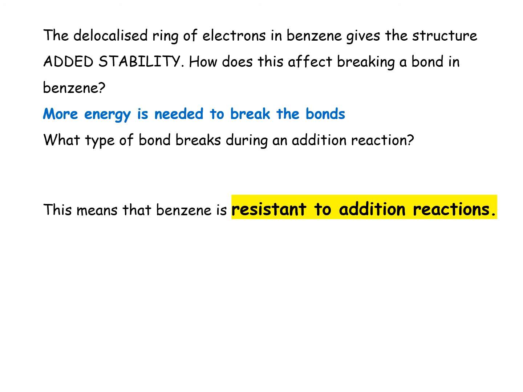Now, typically, carbon-to-carbon double bonds would undergo addition reactions, and in that double bond, it's the pi bond that reacts. Now, if the pi bond is going to react, but it requires more energy than expected, that means benzene becomes resistant to addition reactions. Addition reactions require the breaking of that pi bond. Benzene is resistant to that.